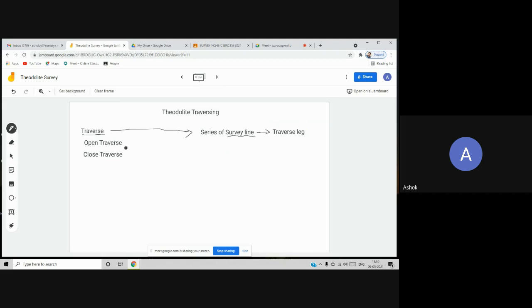So traverse is nothing but the series of survey lines which are interconnected to each other. Now, what are the different types of traverse? There are two types: one is an open traverse, and the second is a closed traverse. What is the open traverse?